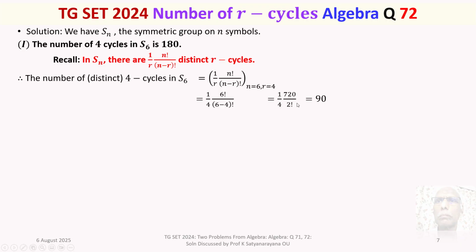This is 720 by 8, that is 90. But the statement says 180. This is not true. Therefore, statement 1 is not true.